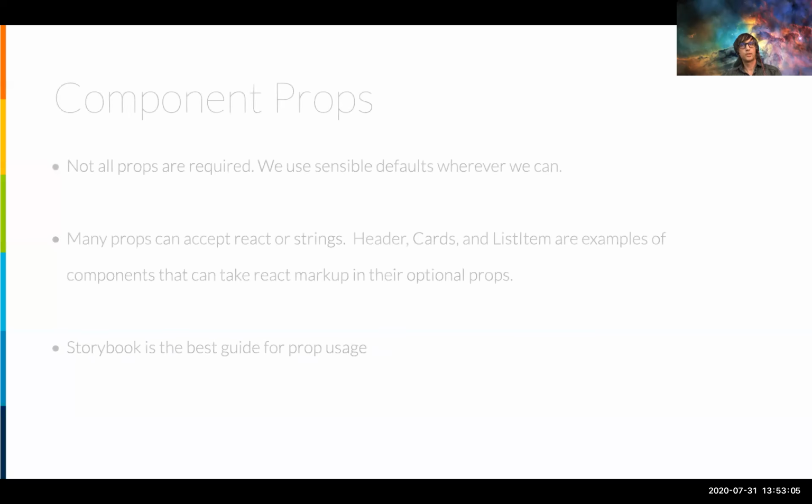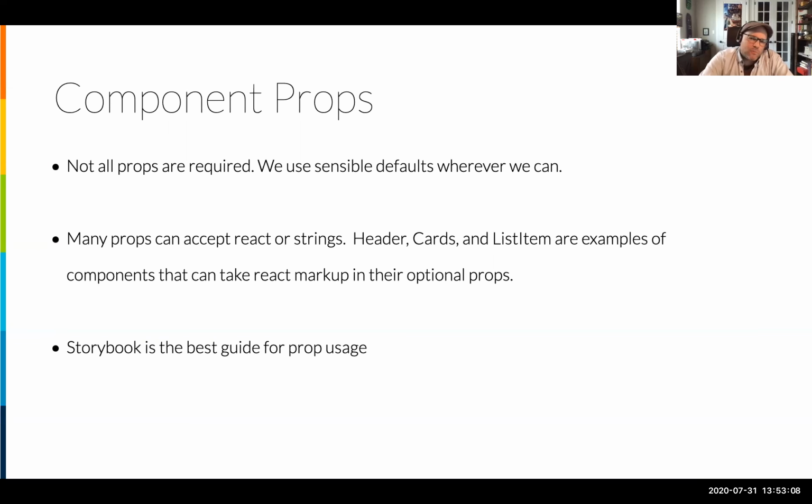Okay, great. Props. Props are super important, and it's probably the thing that requires the most tweaking as developers start to use the design system. We try to not make all the props required and provide as many sensible defaults as we can, but you can't think of everything. One important thing about the development process is listening to feedback, and it's important that if developers have any pain points or there's something that's not working right, they provide that feedback, and then we can improve the system.